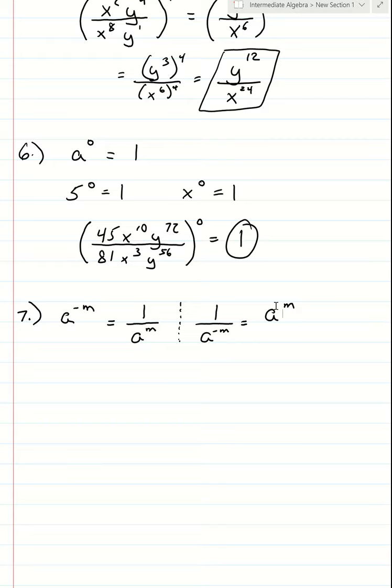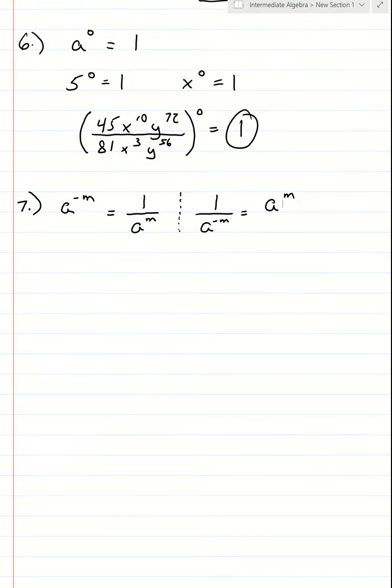All right, so let's take a look at some examples involving this seventh law. If I had x to the negative fifth, that would equal 1 over x to the fifth. If I had, let's say, 3 over x to the negative sixth, that is going to equal 3x to the sixth.